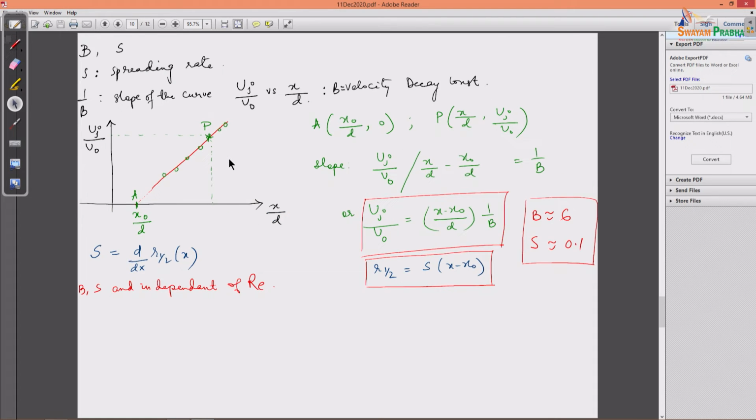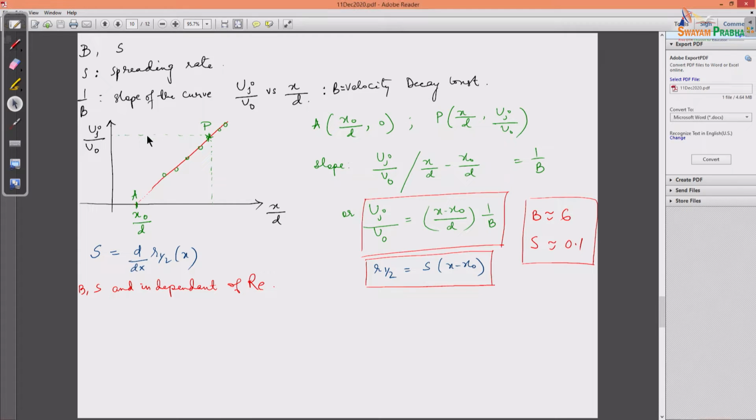If you see this formula, Uj by U naught is equal to x minus x naught by d, into 1 by b.